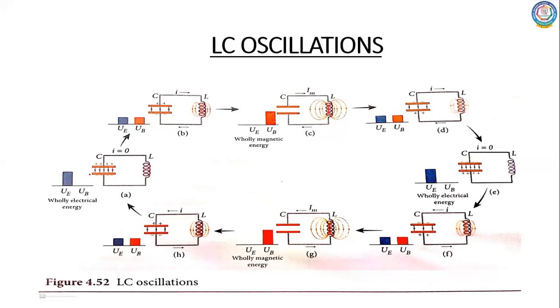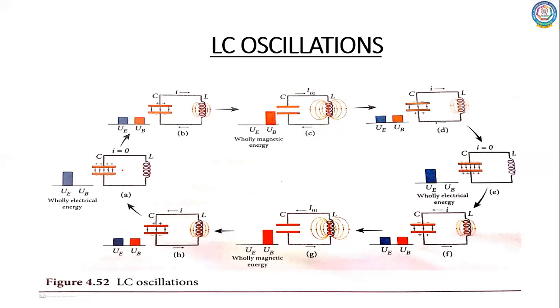Here we have the electric field, here we have the magnetic field. So the energy oscillates back and forth between the magnetic field of the inductor and the electric field of the capacitor.